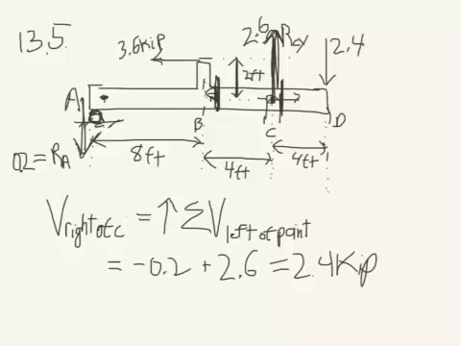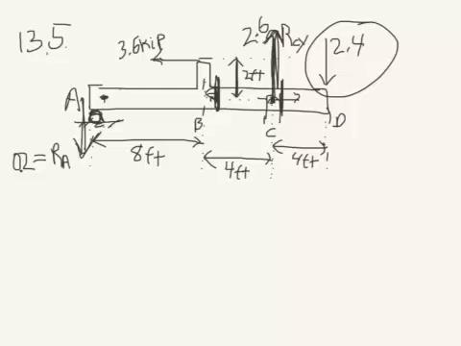This 2.4 is equal in magnitude to the 2.4 force at point D, so that makes sense. If those weren't equal but opposite, that would mean that this beam wouldn't be in equilibrium and it would be accelerating up or down. The next part of this problem is to find the moment at all these points.